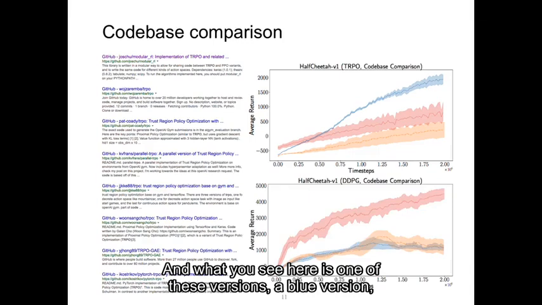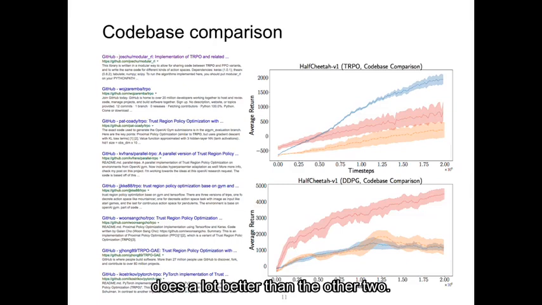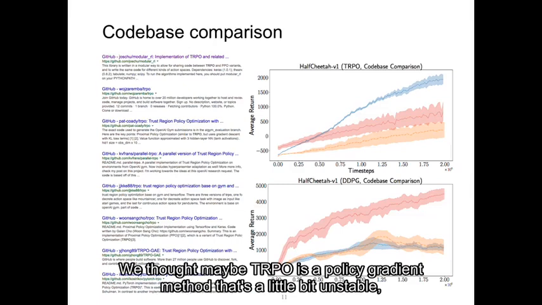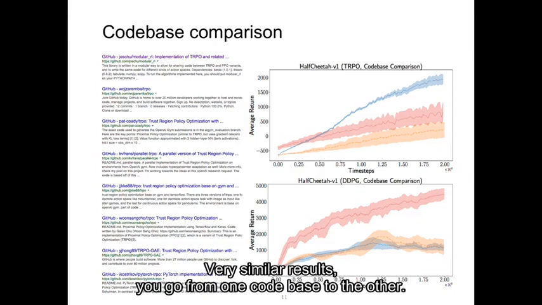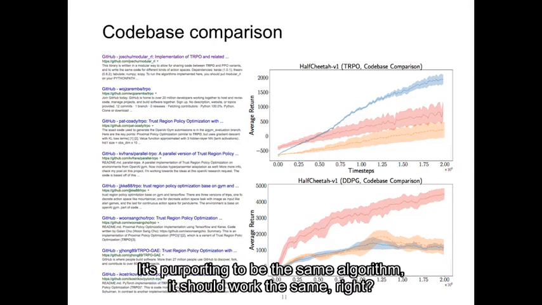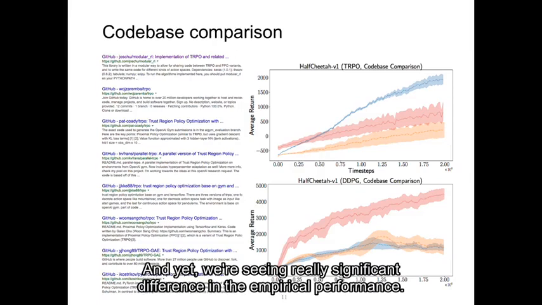And what you see here is that one of these versions, the blue version, does a lot better than the other 2. We thought maybe TRPO is a policy gradient method that's a little bit unstable, and the code is hard to implement. We looked at some other cases, with very similar results. You go from one code base to the other, it's purporting to be the same algorithm, it should work the same, right? And yet we're seeing a really significant difference in the empirical performance.